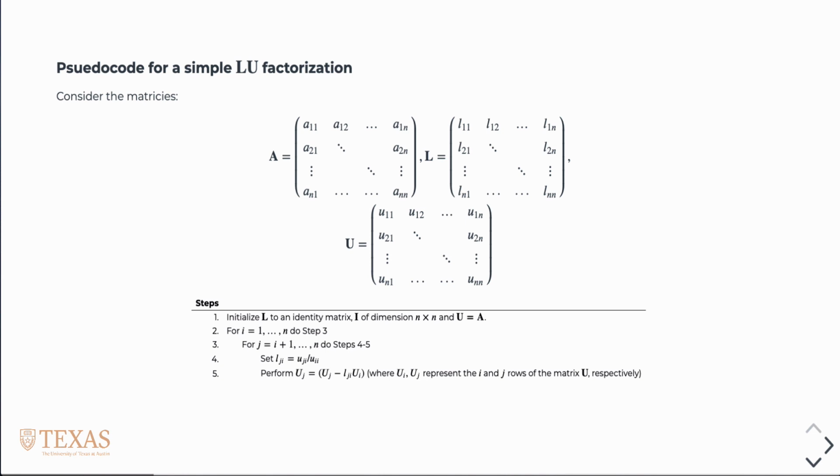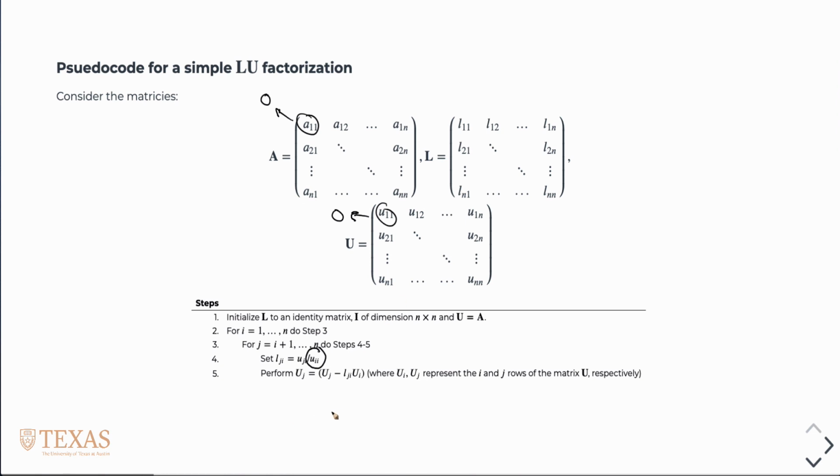Now, let's return to this for one second and just notice that because of this step right here, the division by the diagonal entry of U, even a single zero on the diagonal of U, which, because U is initialized from A, would mean a single zero on the diagonal of A, would cause this algorithm to fail because you're going to get a divide by 0 error, okay?